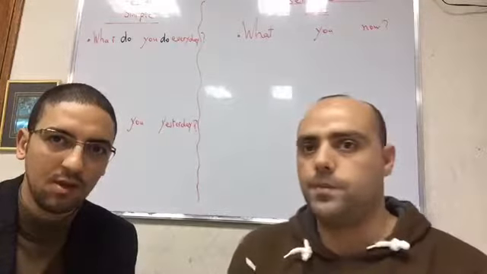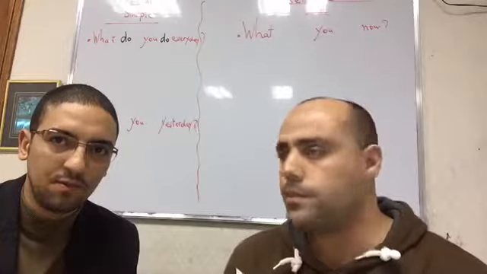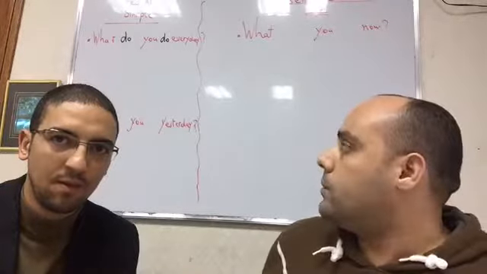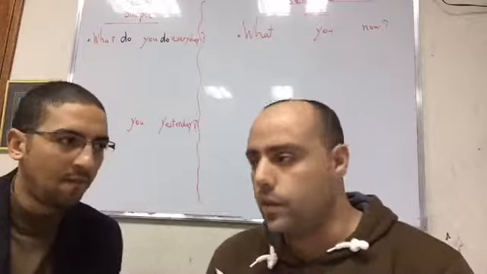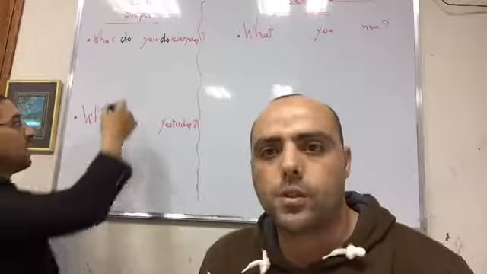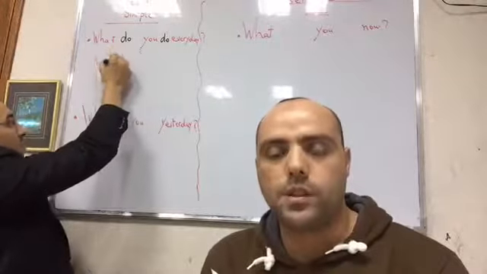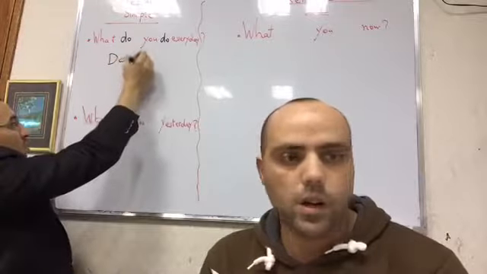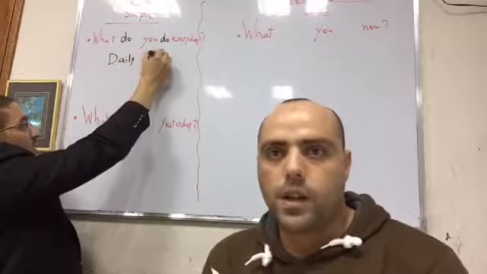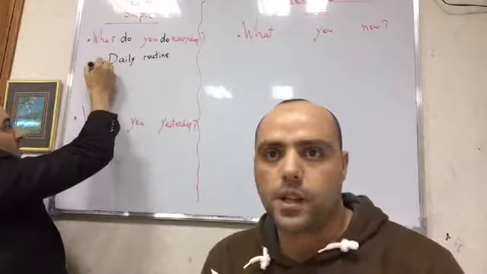As a quick review of the present simple tense, you use it to express a habit or a daily routine, as we've been talking before. We use it to talk about our daily routine.